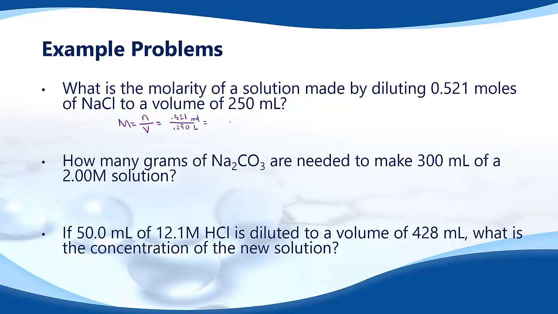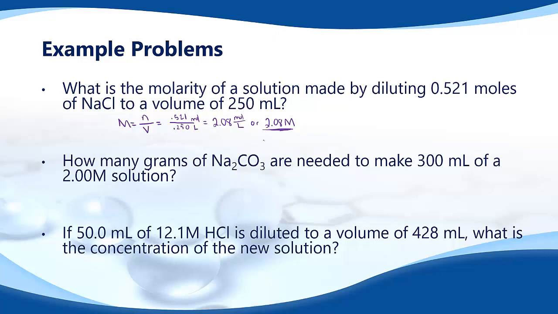And this will give us, we just do our division, 2.08 moles per liter, or the other way that we tend to write this is 2.08 molar. Right? We use the capital M for molarity, and we call it a molar solution. So either of these will be acceptable answers. This one, though, is the one that we typically use much more often.